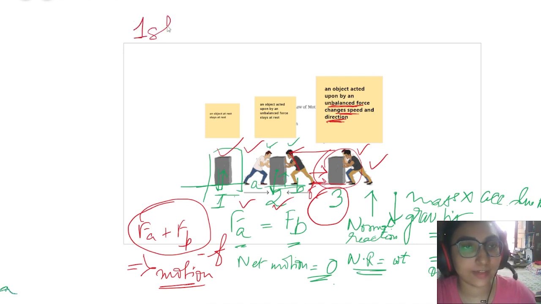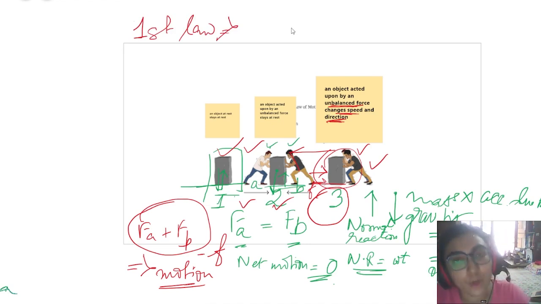It is something related to this only. So the first law states that an object remains in a state of rest or motion in a straight line unless compelled to change its state by an applied force. Okay. So you can write it down.